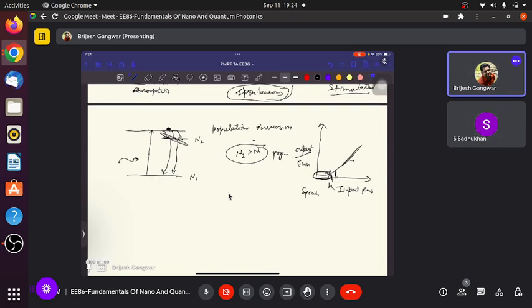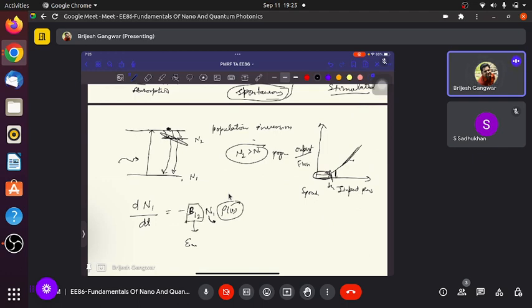If you check the rate of change of the number of electrons in this state, dn over dt, you can write something like minus B12 and n1 into rho nu. This is the electron density, and this is the total number of electrons, and B12 is known as the Einstein coefficient, which is related to absorption only.